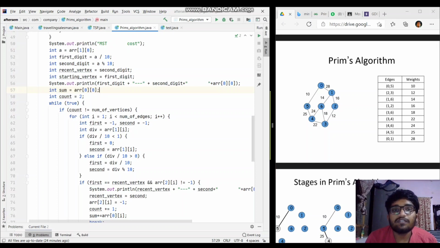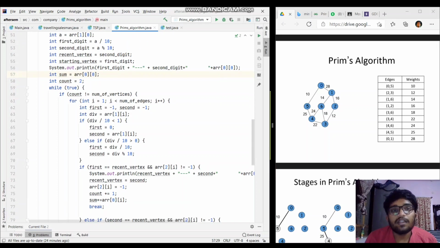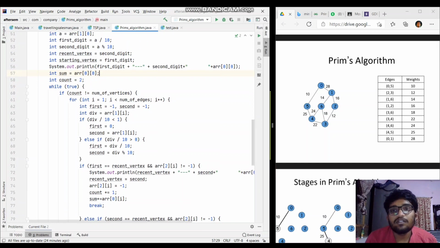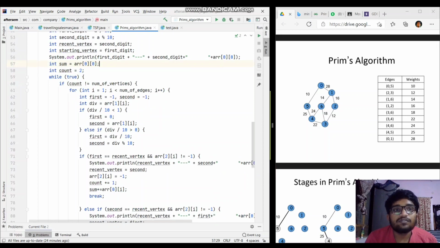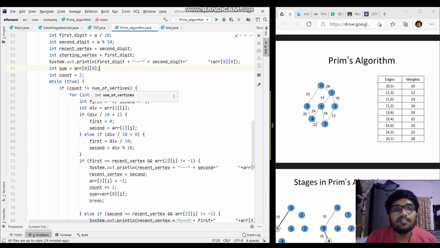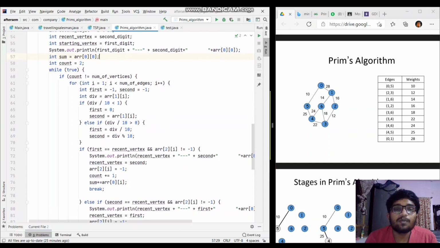For example, if there are 7 vertices and already 2 are printed, then there should be 5 vertices left. Each time we include a vertex in the tree, we increment count. Once it becomes greater than or equal to the number of vertices, it means that all the vertices have been included in the tree and the process is finished.